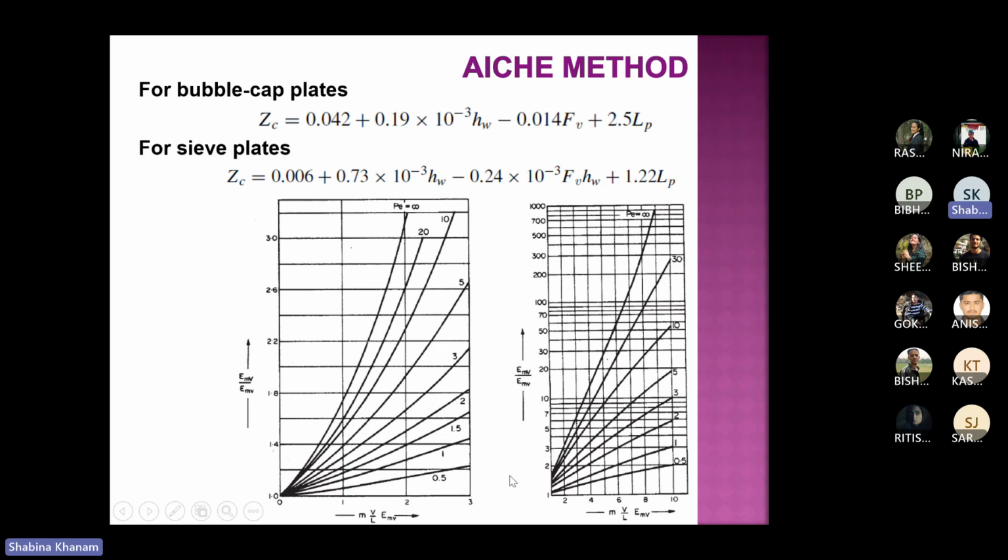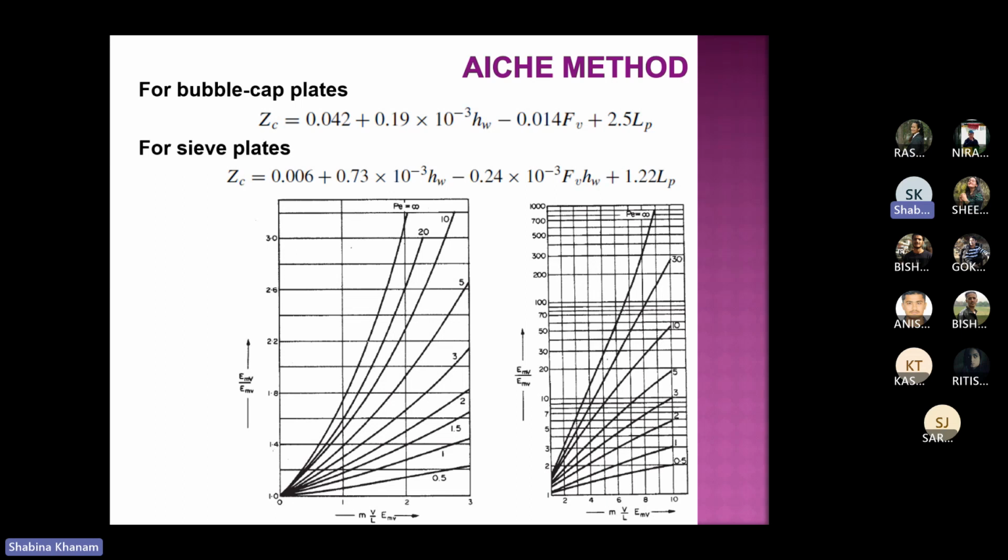The two graphs are the same, and here for EMV by EOV, you need to see the corresponding line, and that line will depend on this number, PE, which is the Peclet number. Depending upon this value and this curve, you can find out the ratio of EMV by EOV. EOV you have already calculated, so you can calculate plate efficiency easily.